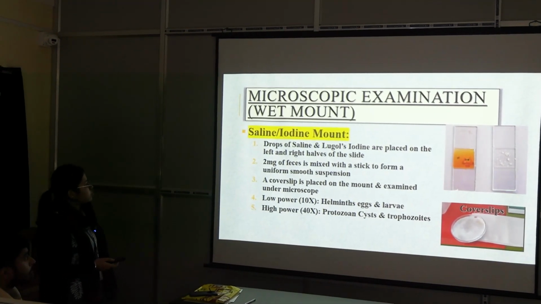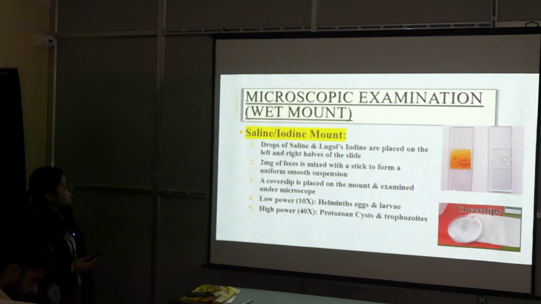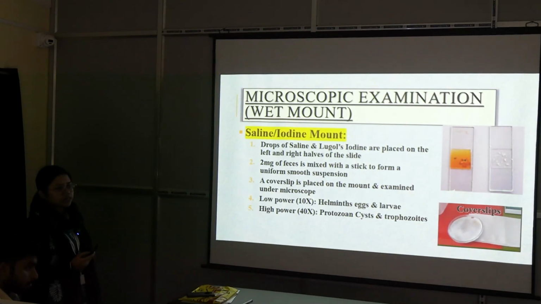So in saline mount, mainly we look for the motility of the parasite, or whether the eggs of helminths are bile-stained or not. Bile-stained eggs may appear golden brown in color, and the non-bile-stained eggs will appear colorless.